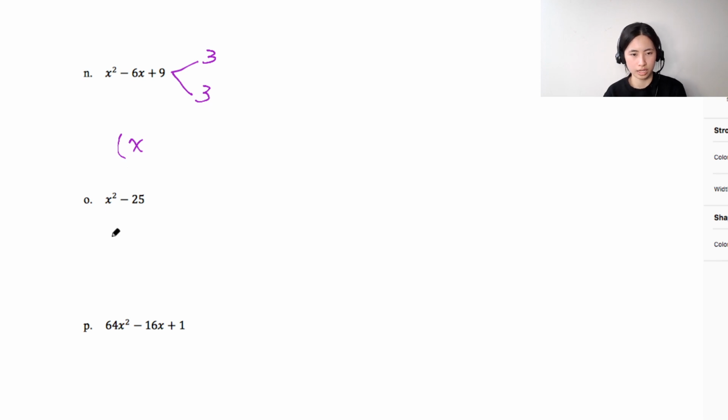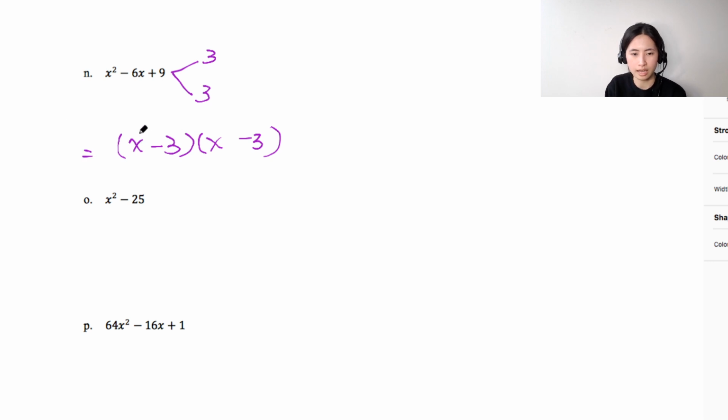This would be negative 3, because if you have x minus 3 and you multiply it by x minus 3, you see that negative 3 times negative 3 is equal to positive 9. Two negative numbers multiplied together give positive 9. And your negative 6 comes from adding two negative 3x terms.